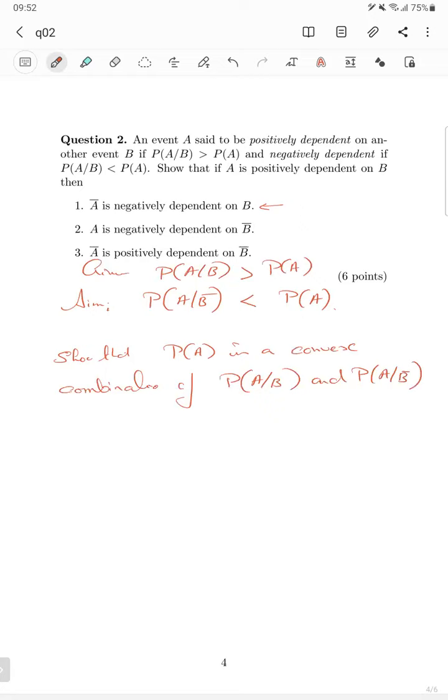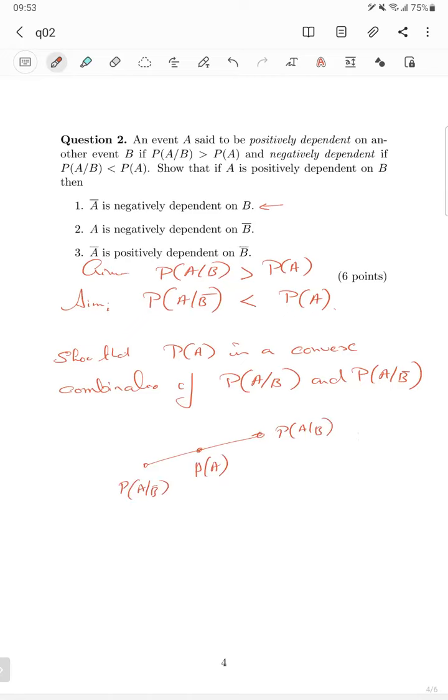Once you show that something is a convex combination of two quantities, this is the picture. This is P of A given B, and this is P of A given B bar. If P of A is a convex combination of these two, and one of them is larger, the other has to be smaller. That was the final nail in Lalat's argument.